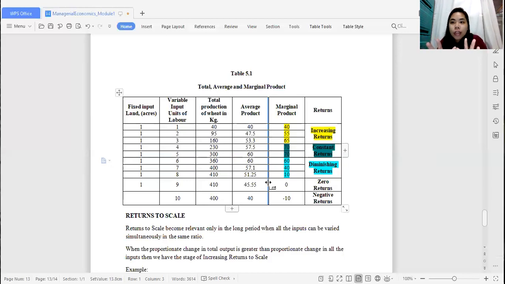Ano nga level sang aton nga variable input nga aton exert or aton i-induce sa aton nga production process nga makakuha ta sa aton nga maximum nga number of product nga ma-produce. So amo na siyang ginastadihan tadi.